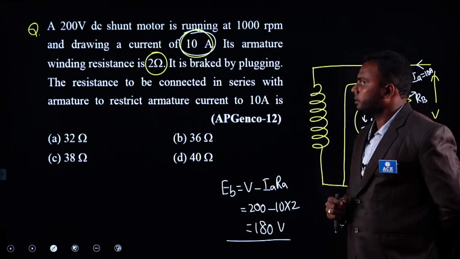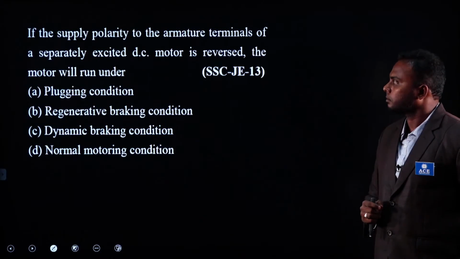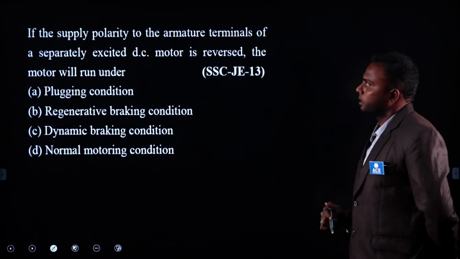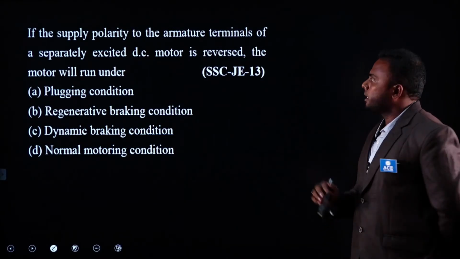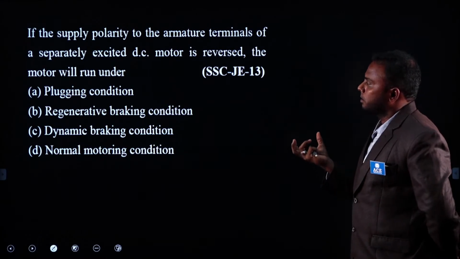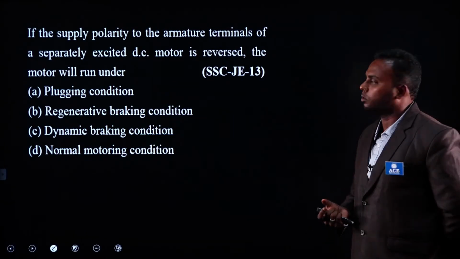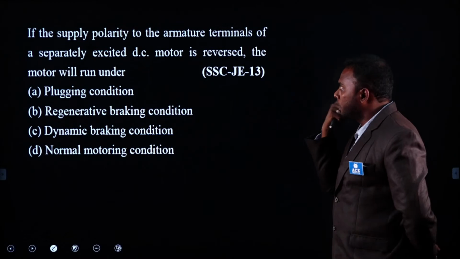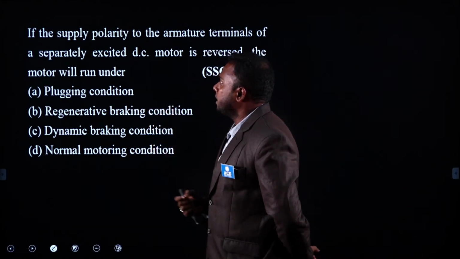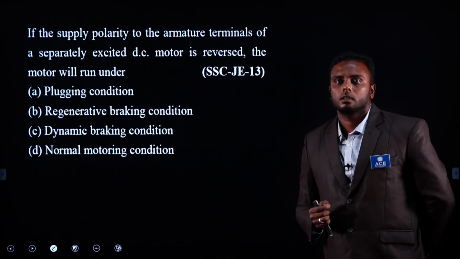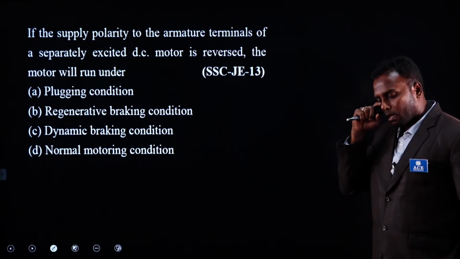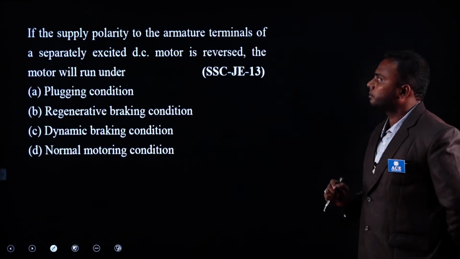Let's see one more question. Next. See this one. If the supply polarity to the armature terminals of a separately excited DC motor is reversed, then the motor will run under dash. To the separately excited motor, armature terminals are reversed.